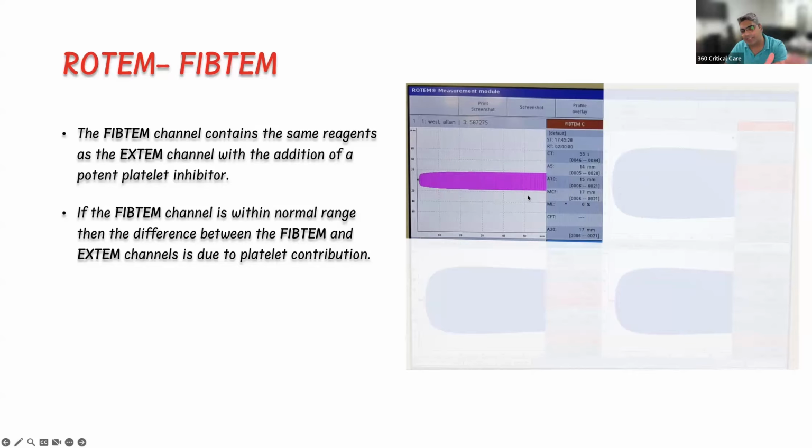Platelets are totally neutralized, so there is no platelet effect that can be seen. Whatever abnormality you find is a fibrinogen issue. If this is normal and the EXTEM is abnormal, that means fibrinogen is normal in the blood. The abnormality in the EXTEM is because of the platelets. So that's how you delineate. If the EXTEM is abnormal but the FIBTEM is normal, then the problem is because of platelets.